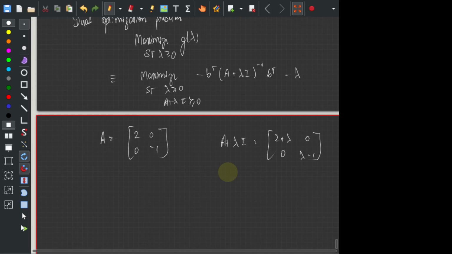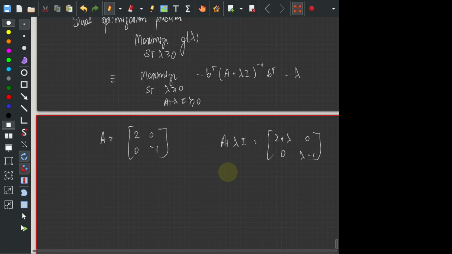And if A was PSD originally, then you can choose a lambda less than 0 for which A plus lambda I is PSD.